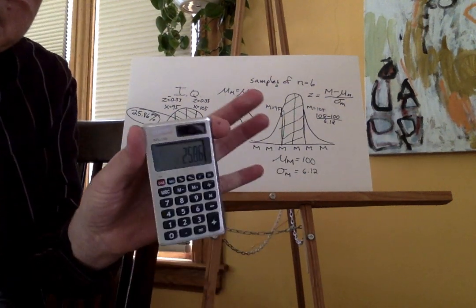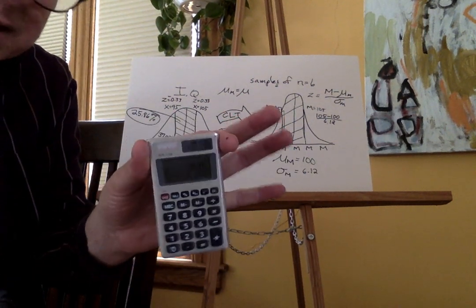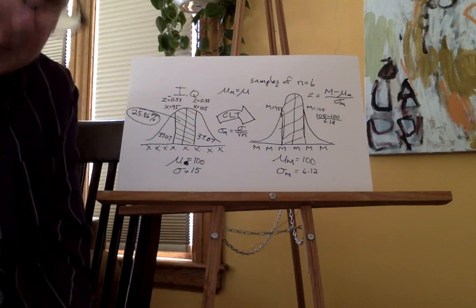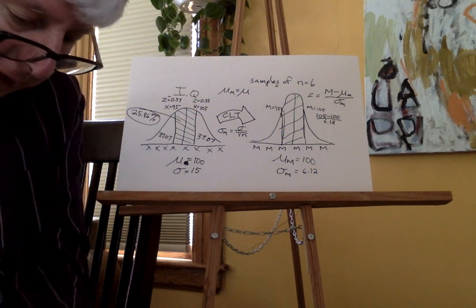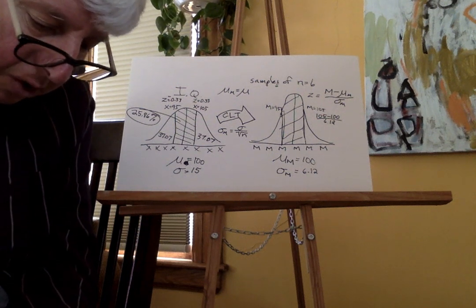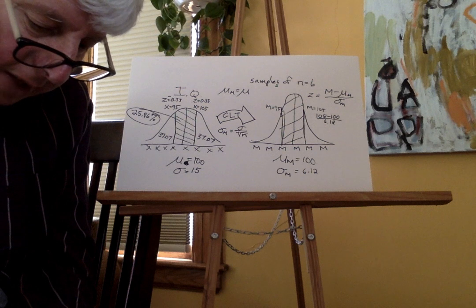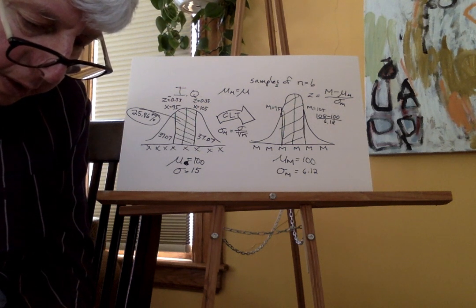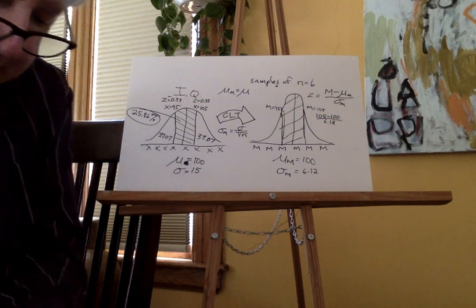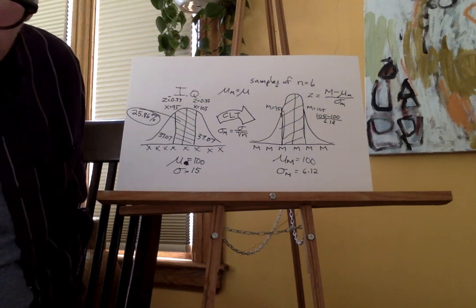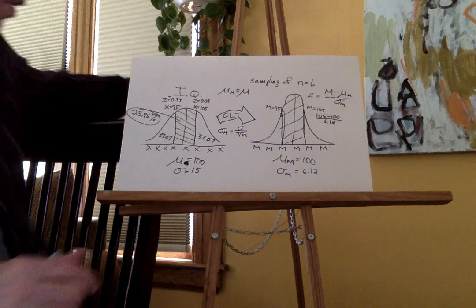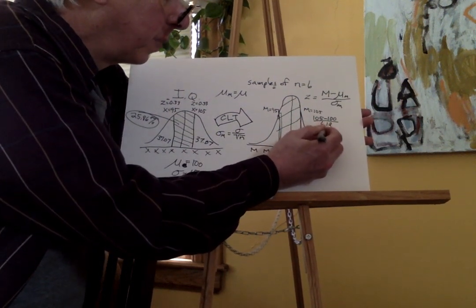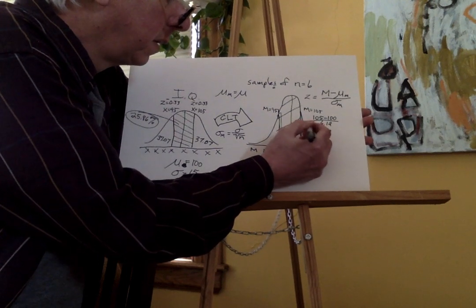I got my handy dandy cheap Staples $6.99 calculator. That's all I need. Just need something that I can get square roots, because later on we're going to be doing square roots. So let's do this. 105 minus 100 now divided by 6.12. So that z-score is 0.82. That z-score here is 0.82.